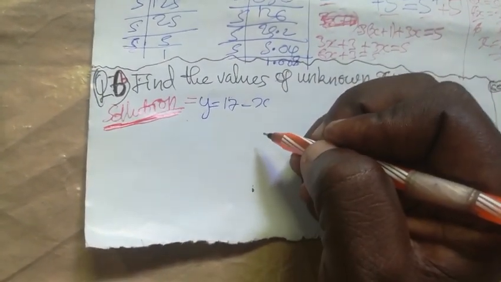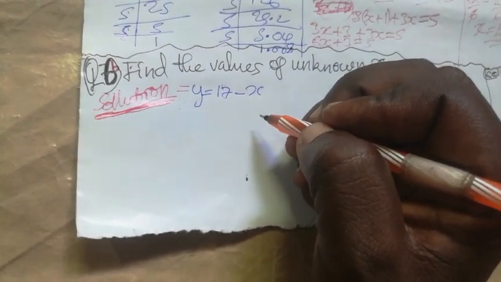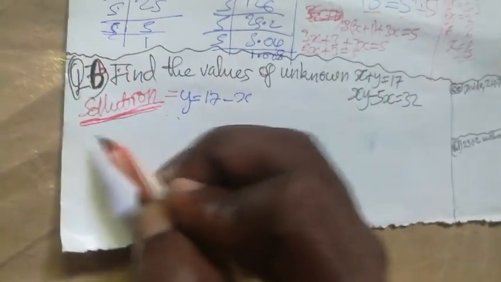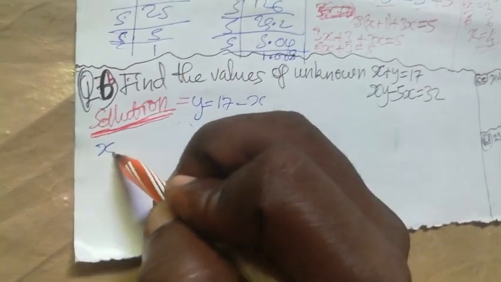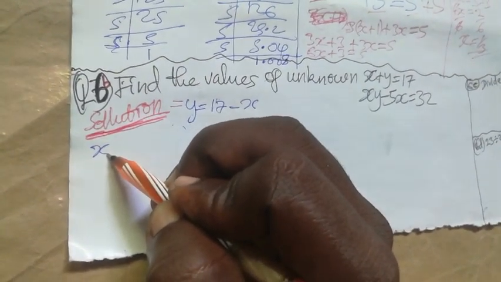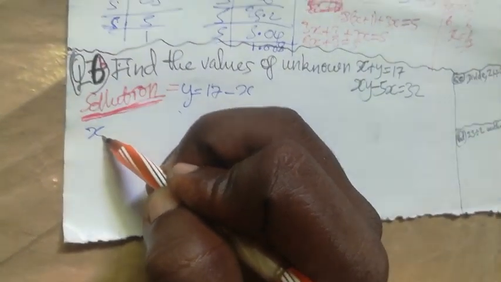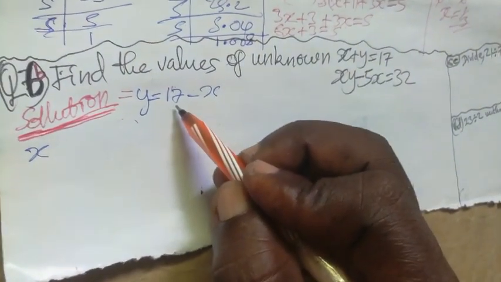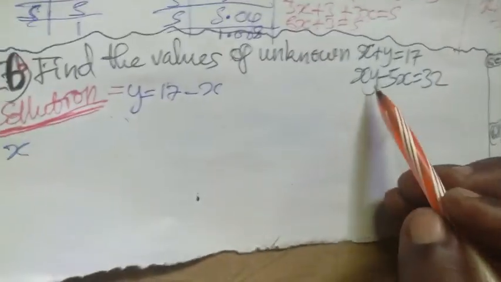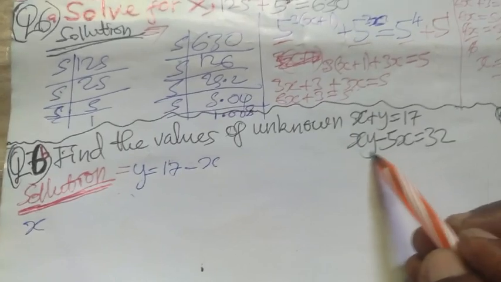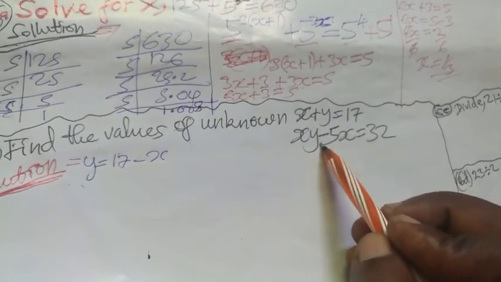Therefore, substitute y in the second equation. So if y is equal to 17 minus x, we are going to substitute it in the second equation.